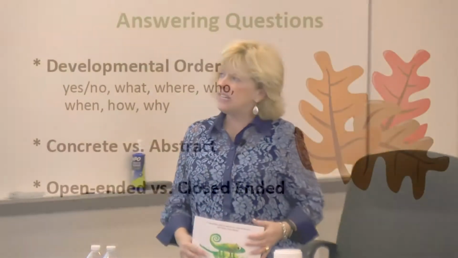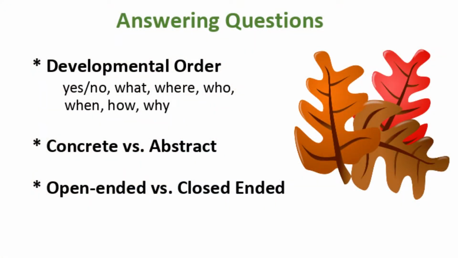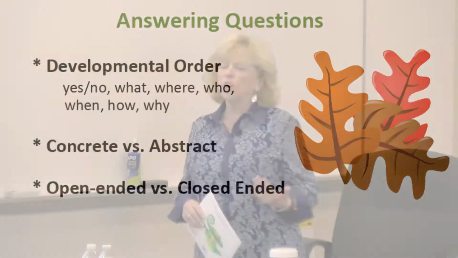And the other thing to consider is whether your question is open-ended or closed-ended. Closed-ended questions are questions that you reply with a yes, no, or a 1 to 2 word response. Open-ended questions require a wider range of answers and a longer answer. So if you were to say, what was the book about?